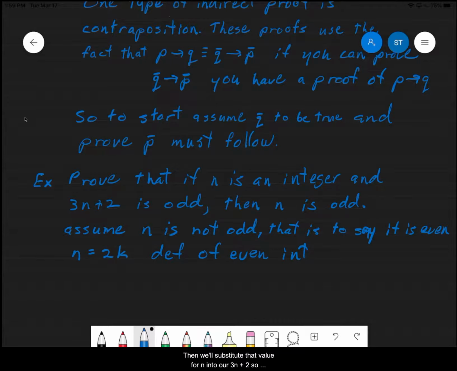Then we'll substitute that value for n into our 3n plus 2. So we'll go 3 times the substituted value for n, so 3 times 2k plus 2. First let's give our reason for this. This is substitution.